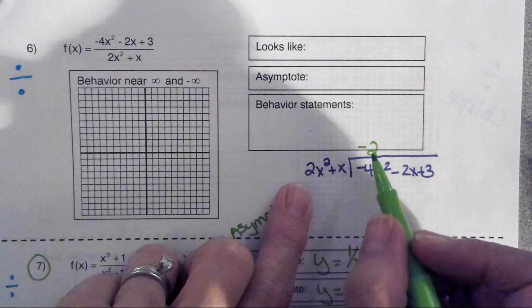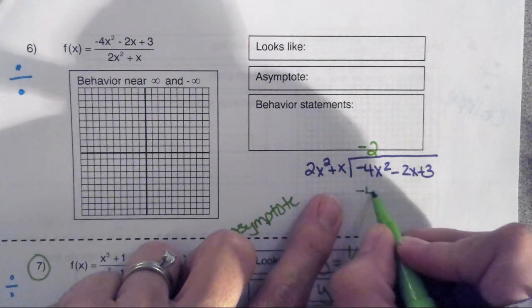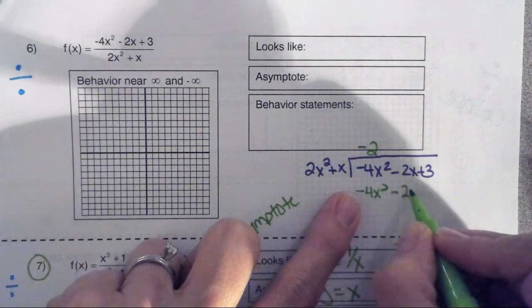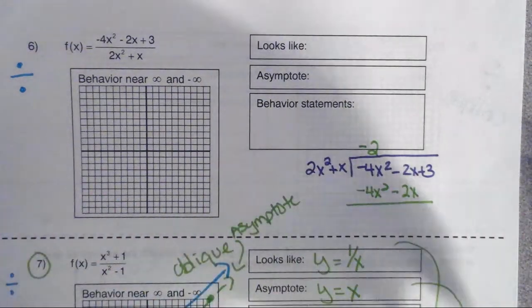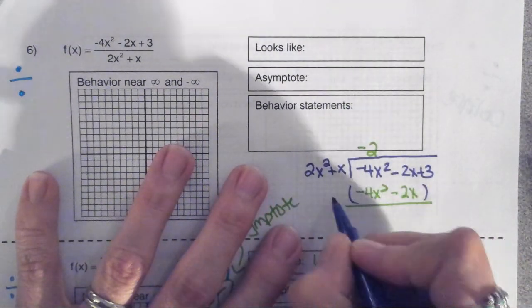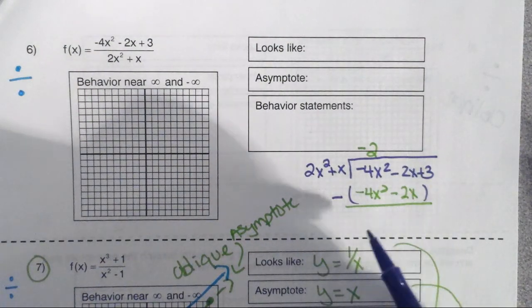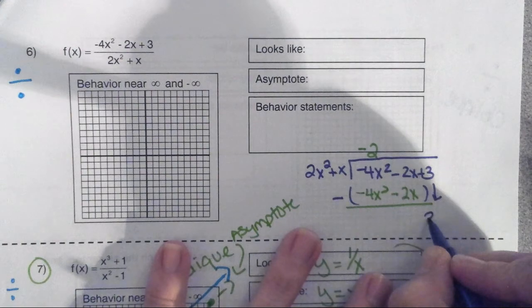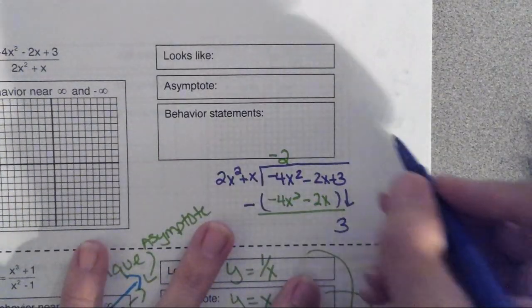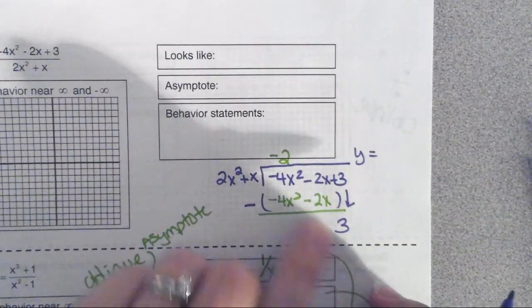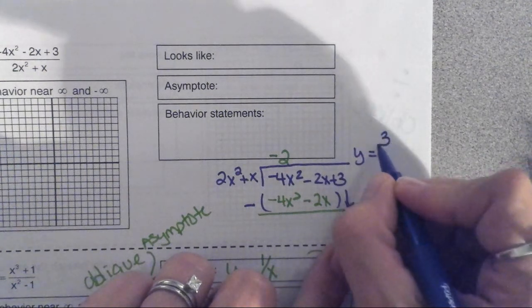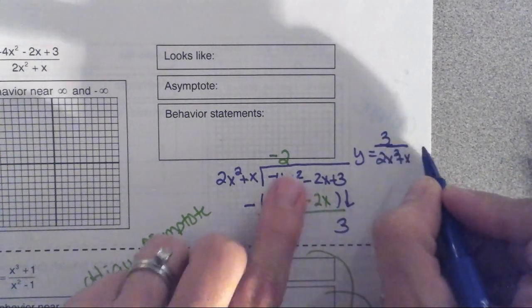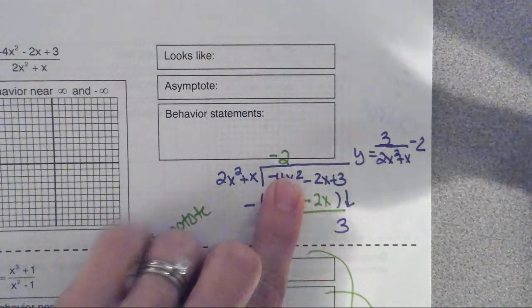And then I'm going to multiply. Negative 2 times 2, negative 4x squared. Negative 2 times 1 is a negative 2x. And then I'm going to remember to subtract. And when I subtract, my x squares are going to go away, and my x's are going to go away, and I'm going to bring down my 3. So we're left with y equals, remember this is your new numerator, 3 over 2x squared plus x minus 2.